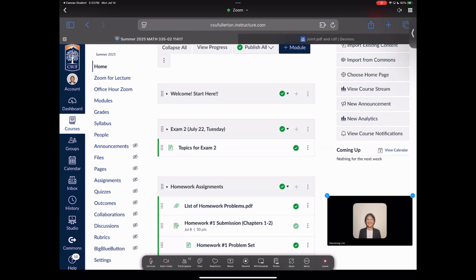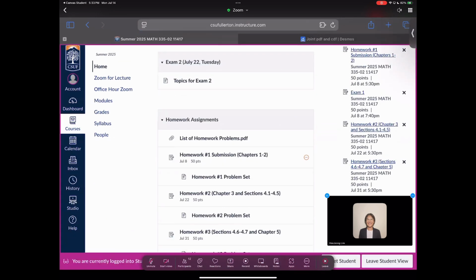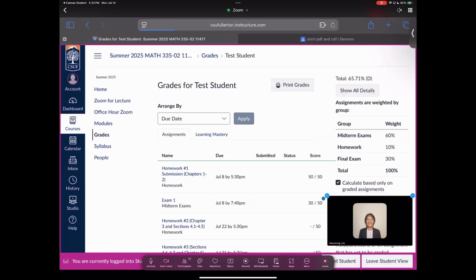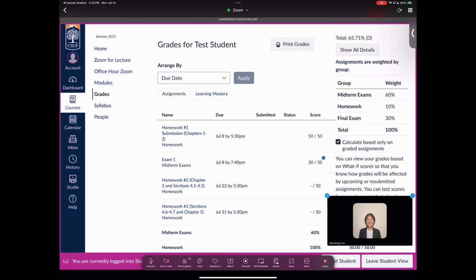All you have to do is go to your grades, then check the comment section. Under exam one, you may be able to find a comment, and if you click on the comment, you will see the file that I have uploaded.